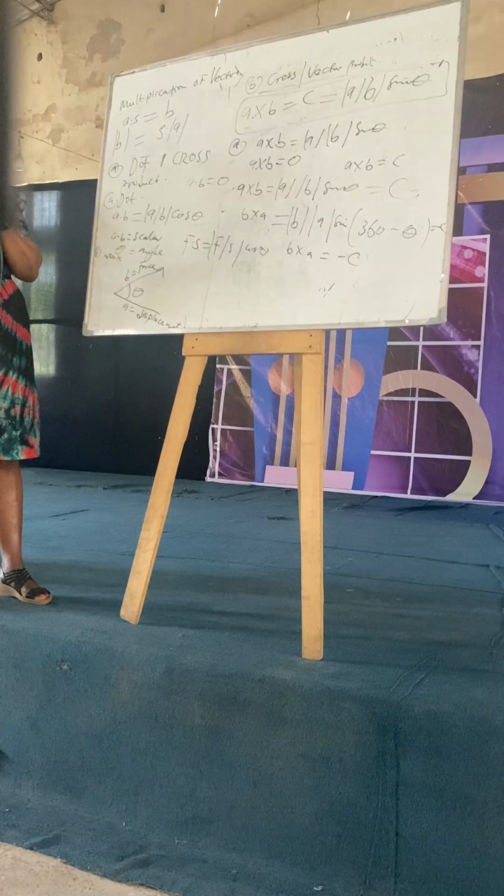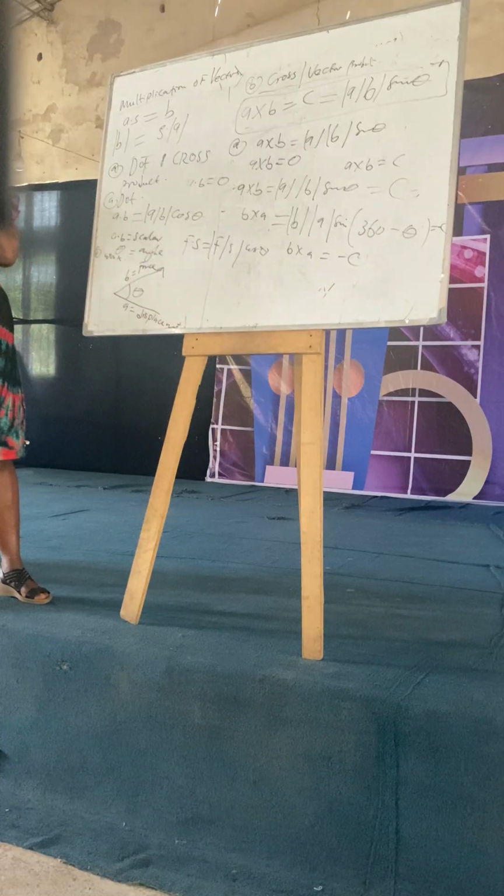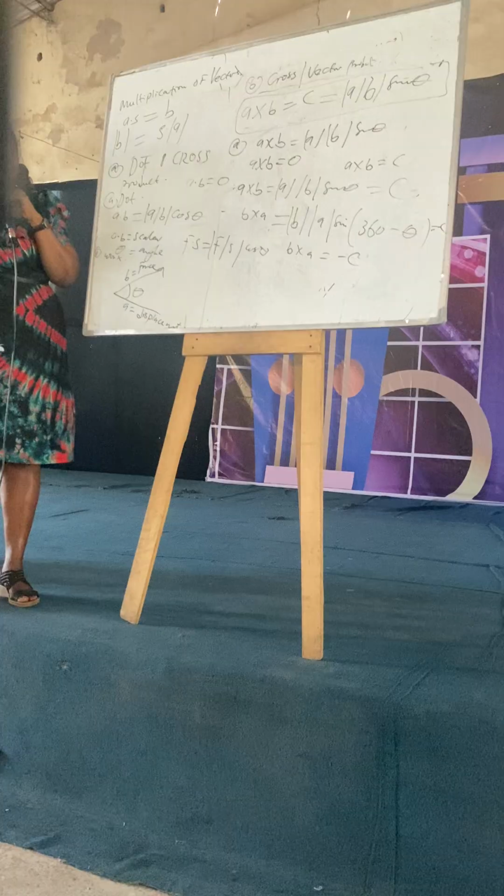Now take note. Here we have that A cross B can be equal to C and can also equal minus C. Their signs can change based on the last application.